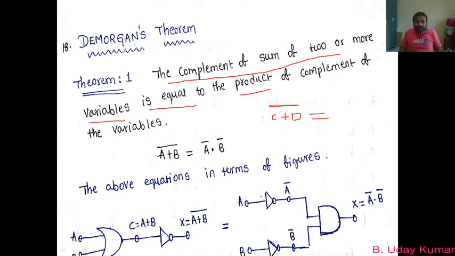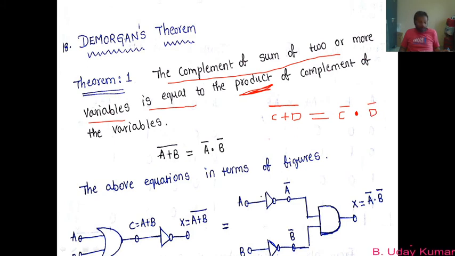The product of. Product is denoted by dot. So please check it out. The product of complement of the variables. What are the variables here? I have taken C and D, right? So if I have taken the variables as C and D, the complement of the variables are C bar, and the complement of D is D bar. So that you have to understand.